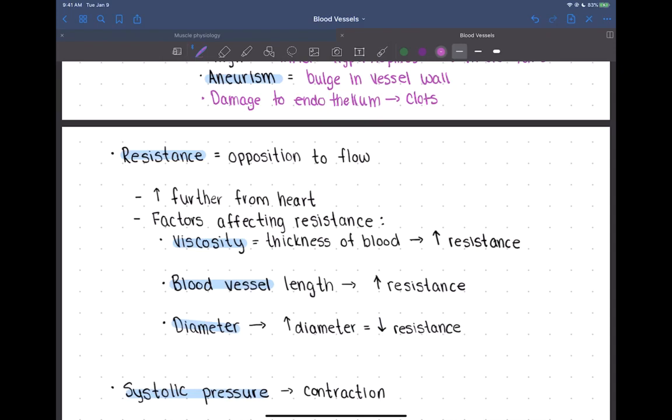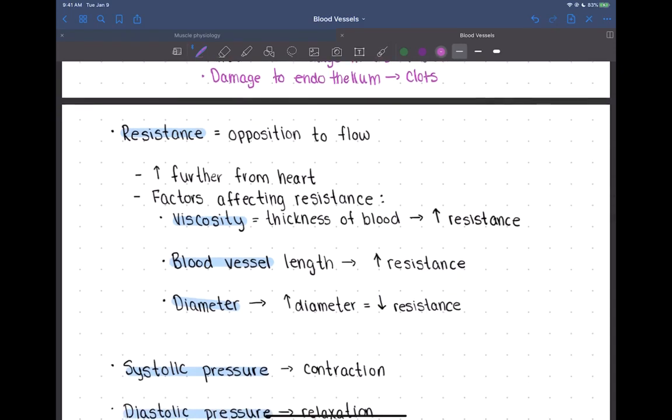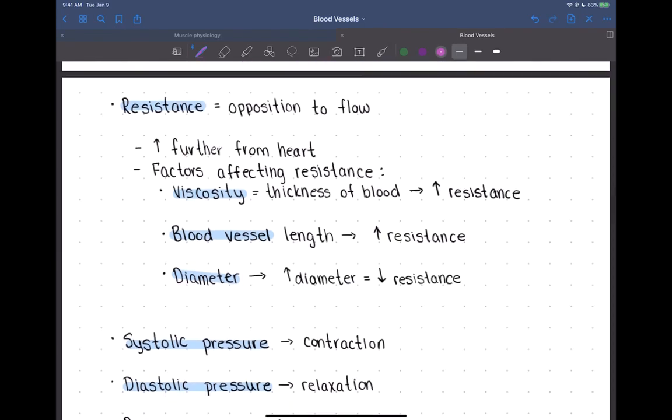All right, so resistance is opposition to flow. Resistance will increase the further you get from the heart. So the further the distance, the more resistance you get. Okay, so factors affecting resistance. The first one is going to be viscosity.